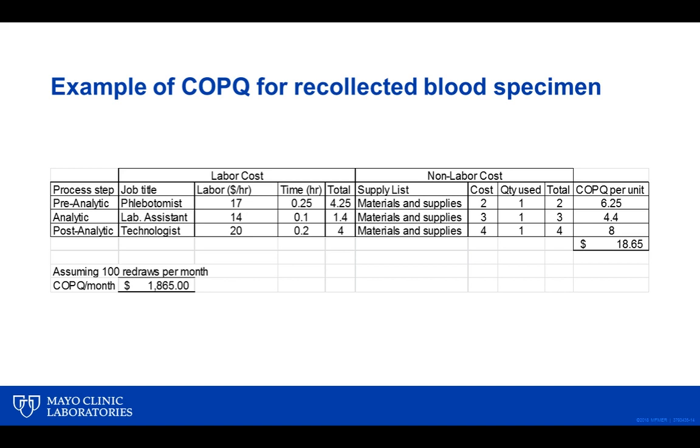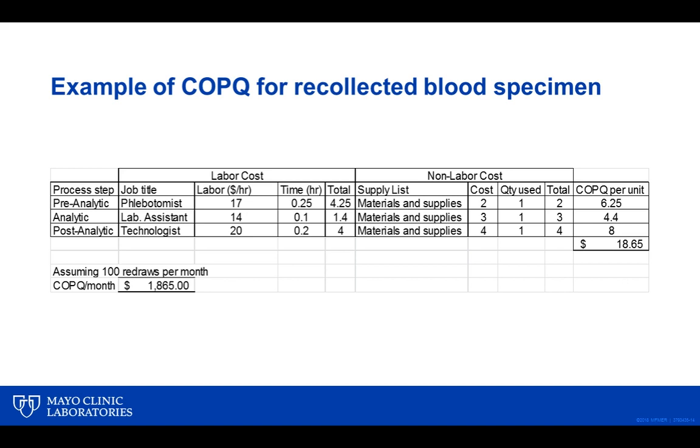So for this recollection alone, the total cost, if I add the per unit cost of $6.25, $4.40, and $8, I get $18.65. So this is one time if I have to do recollection. So let's make an assumption that this is a metric or quality indicator that you do track, and you run at, let's say, 100 redraws per month.